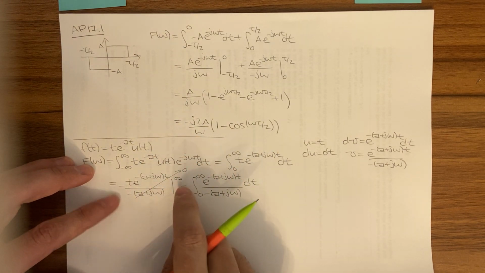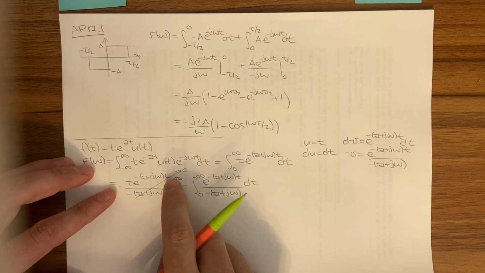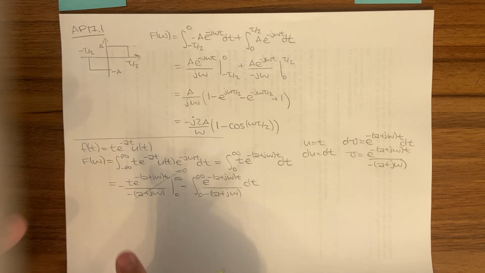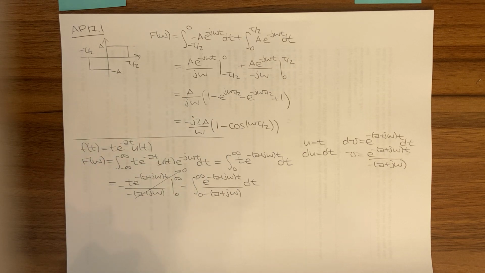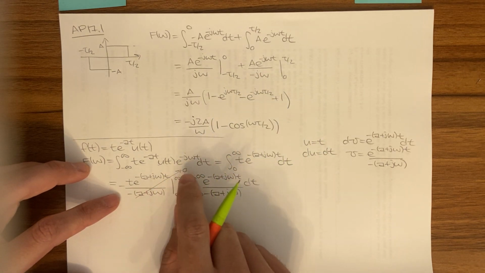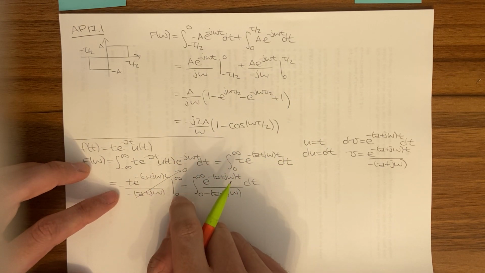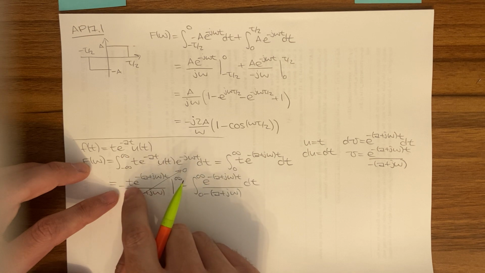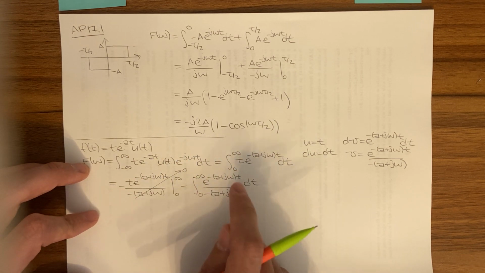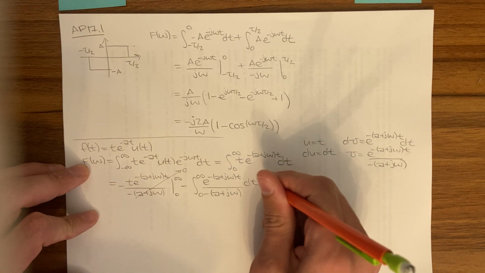The reason for that is if we let t be infinity, that term's going to go to 0, though you have this infinity term right there, which is kind of weird. You can use L'Hopital to verify that I'm not lying to you about this. So this whole thing goes to 0, and then you plug 0 into t, and that 0 cancels that out. So we're only left with this second integral, which makes things easy.